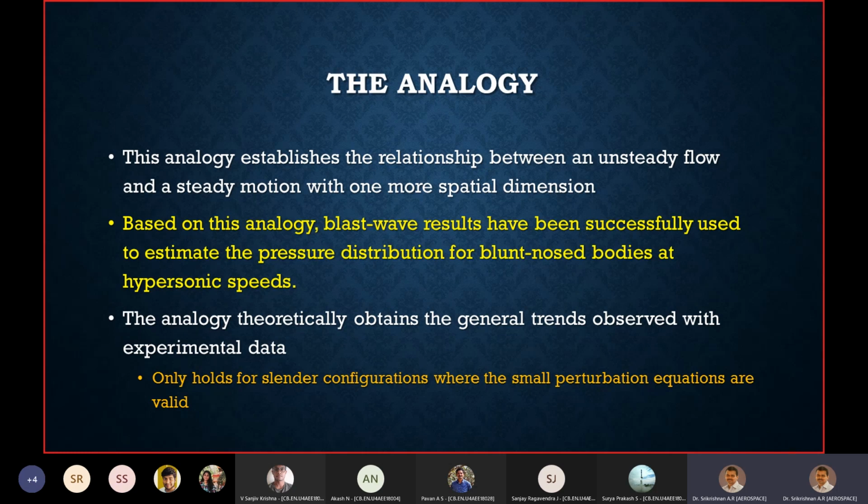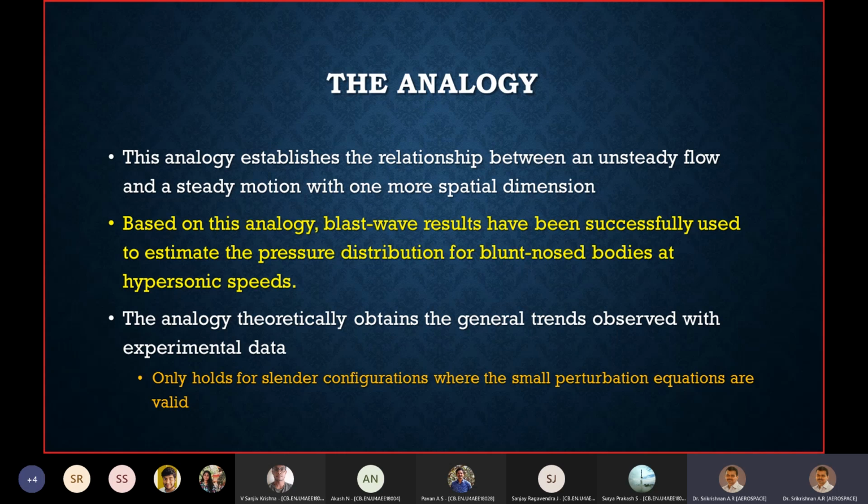If unsteady flow is in n dimensions, then the correspondence is sought with steady motion in n+1 dimensions, because unsteady motion has time as an additional dimension, so there is an additional spatial dimension on the steady reference frame. Now, based on this analogy, the blast wave process is where that term we are going to use quite often is introduced.